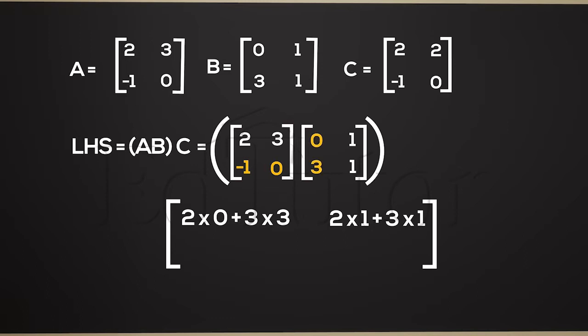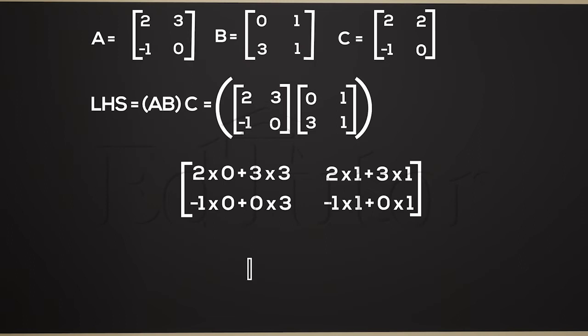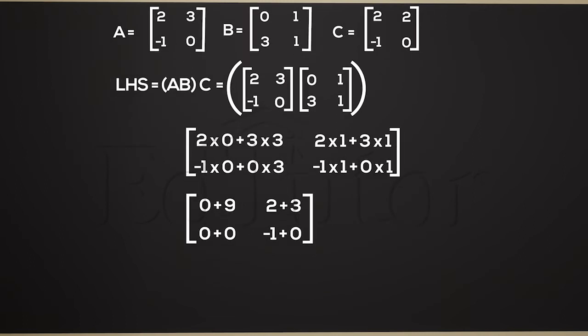Multiply the numbers -1 into 0 plus 0 into 3 and place them at the 2 1 position. Finally, the second row second column, the 2 2 position, contains -1 into 1 plus 0 into 1. By further math, this is your A into B matrix now.